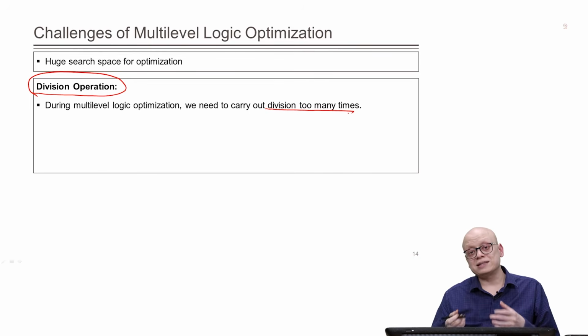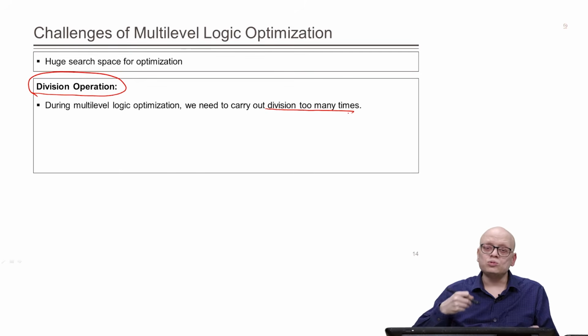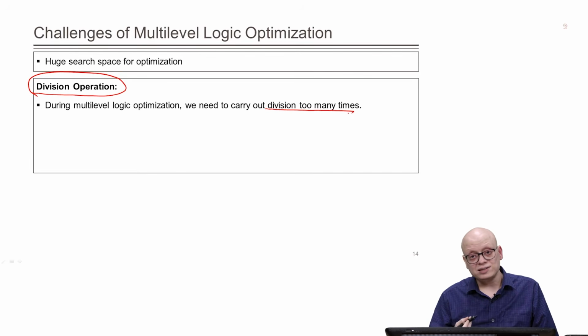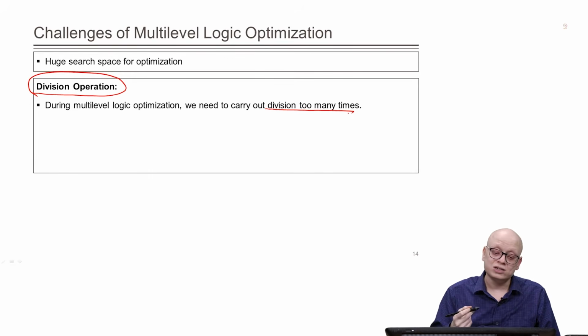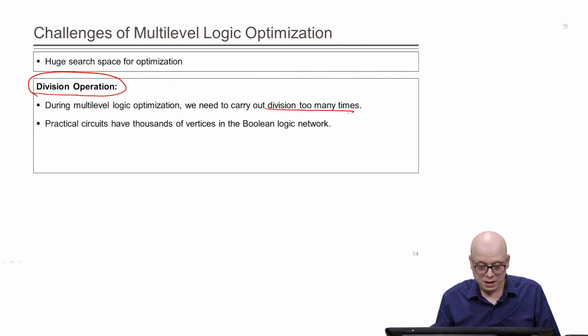For example, for the extract operation or also for the substitute operation or transformation, we need to extract divisors out of it, right. And therefore, in multi-level logic optimization, we need to carry out the division operation many a time, and the efficiency of multi-level logic optimization very much depends on how efficiently we can perform division, right.